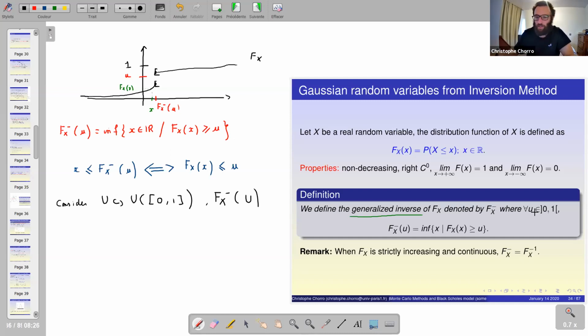So I have from my uniform a new random variable, F_X^-(U).